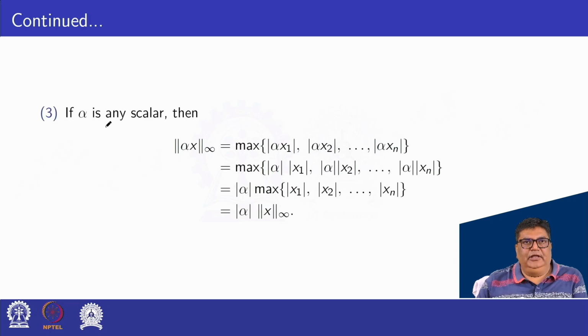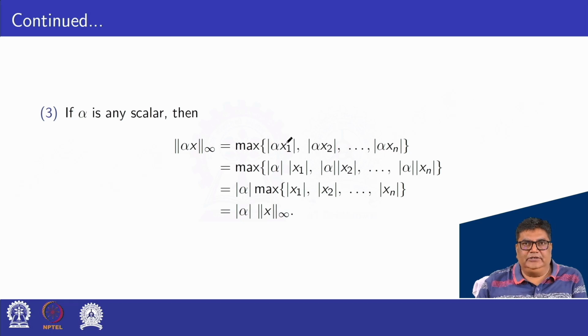Third, if alpha is any scalar, then norm alpha x is equal to the max value of |alpha x1|, |alpha x2| and so on |alpha xn|.